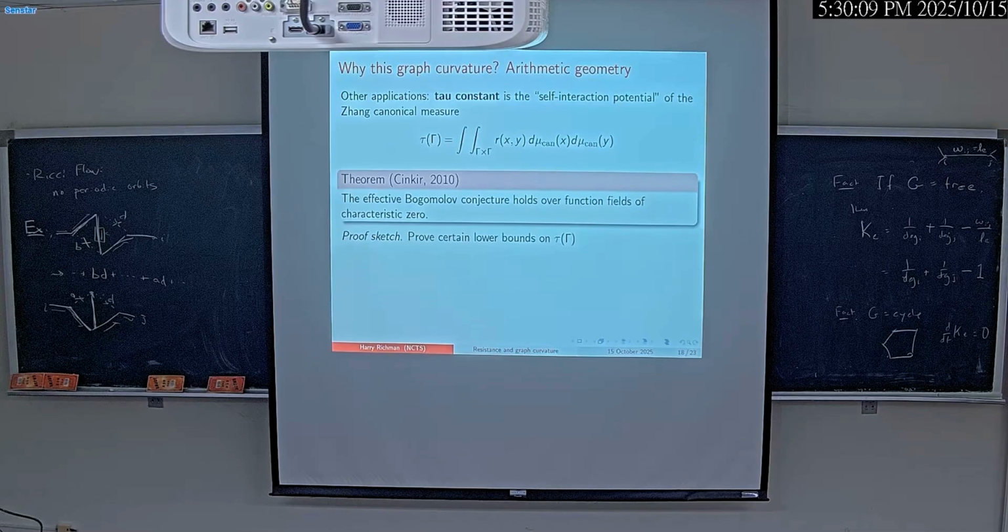It's sort of like bounding rational points on abelian varieties, but looking at a generalization of this, which is bounding points of small height on abelian varieties. A certain special case of this conjecture was solved by studying properties of this effective resistance function on a graph.